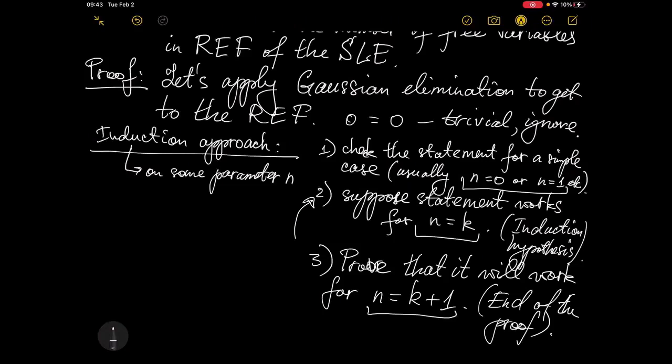Because we can start from the base case, n equal to 1, for example, and we have proven that if it works for n equal to k, then it will work for k plus 1, we can make one step further. From n equal to 1, we already know it works for n equal to 2. Now we use n equal to 2 as a base step, and we can make another step to n equal to 3, and so on to wherever we need.